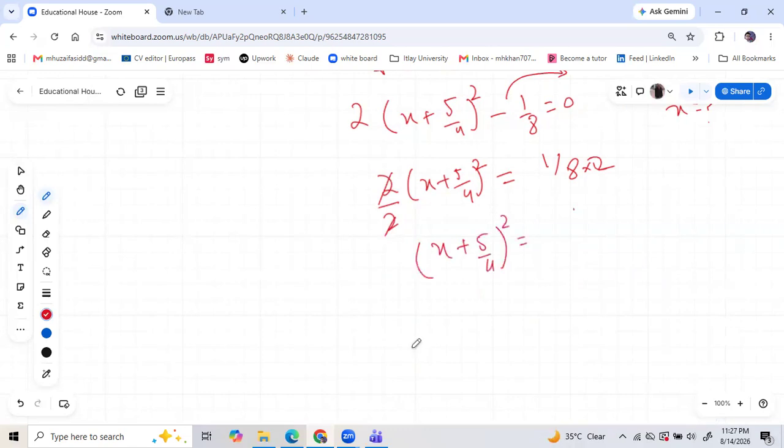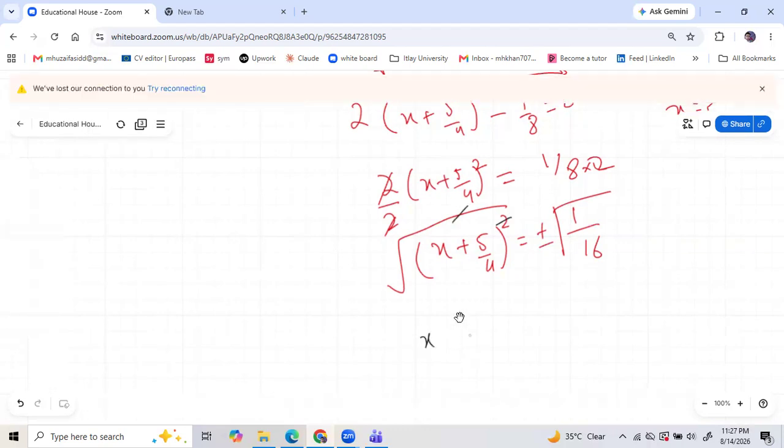This is equal to what? 1 over 16. And we can take the square root on both sides. The square and square root cancel out. So this is our x plus. Look at it here. The square and square root cancel out.